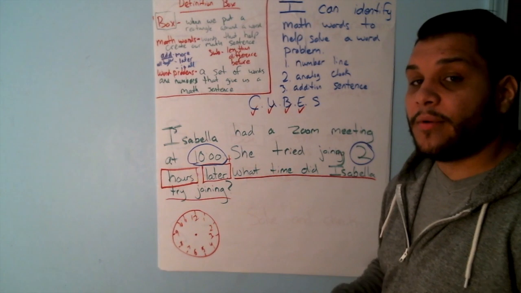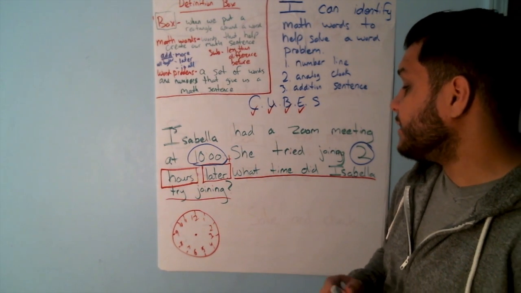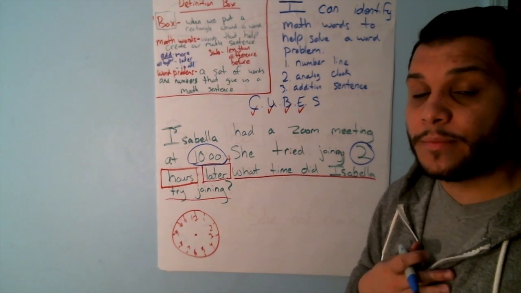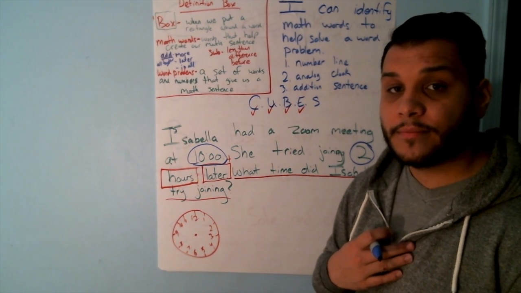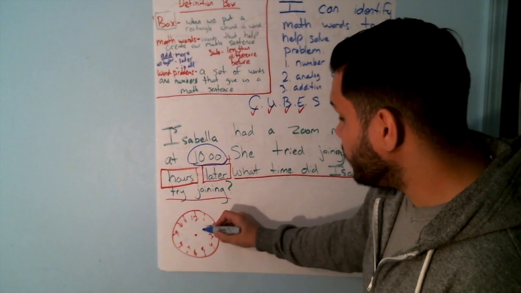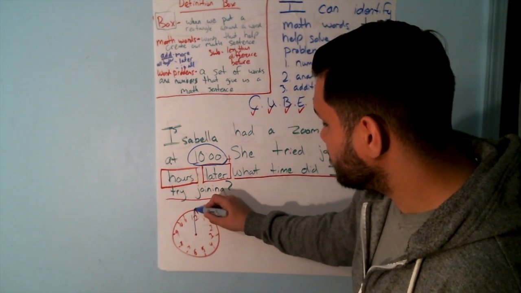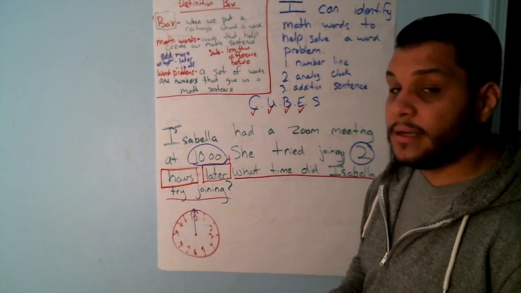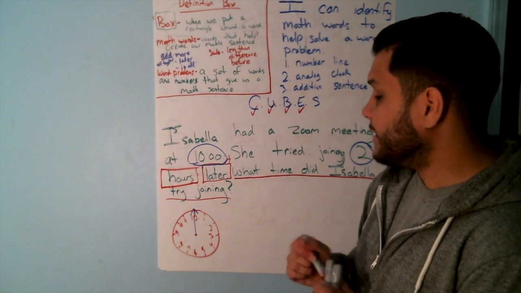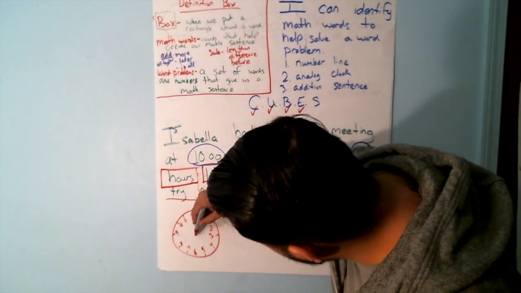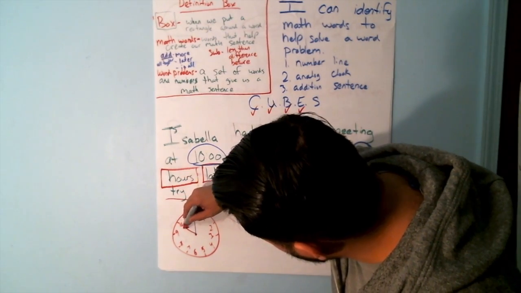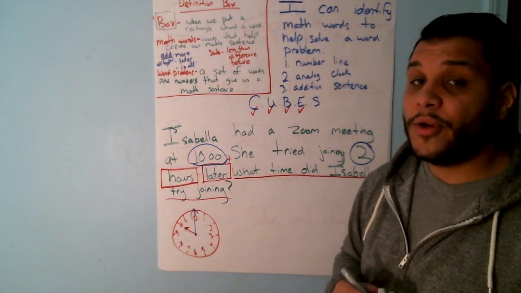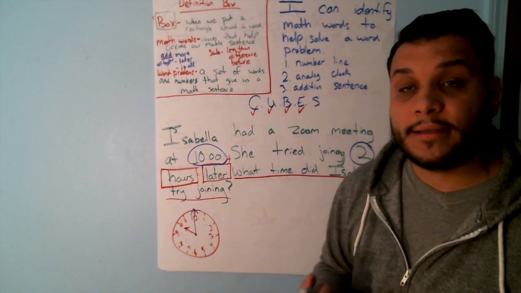So the time that I want to have here is 10 o'clock. I know that because there are no minutes, my minute hand should be pointing at the 12. My hour hand is at the number, yes, 10. Am I finished yet? No, because that is my start time.